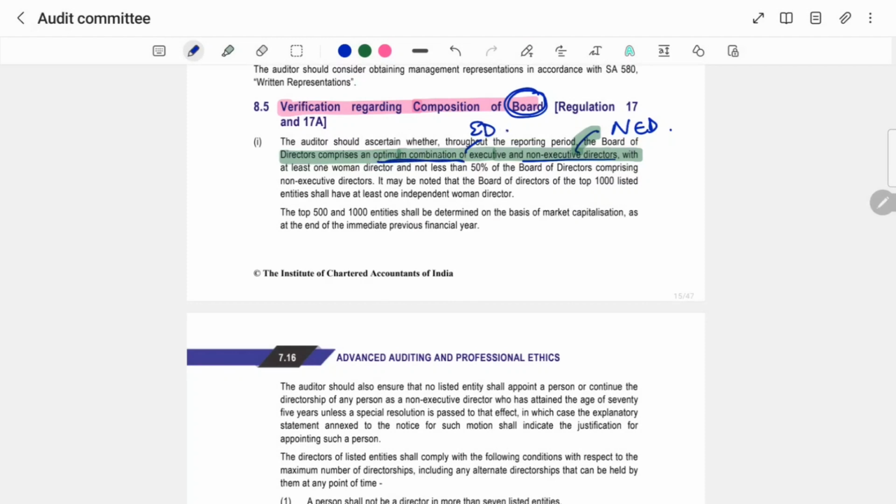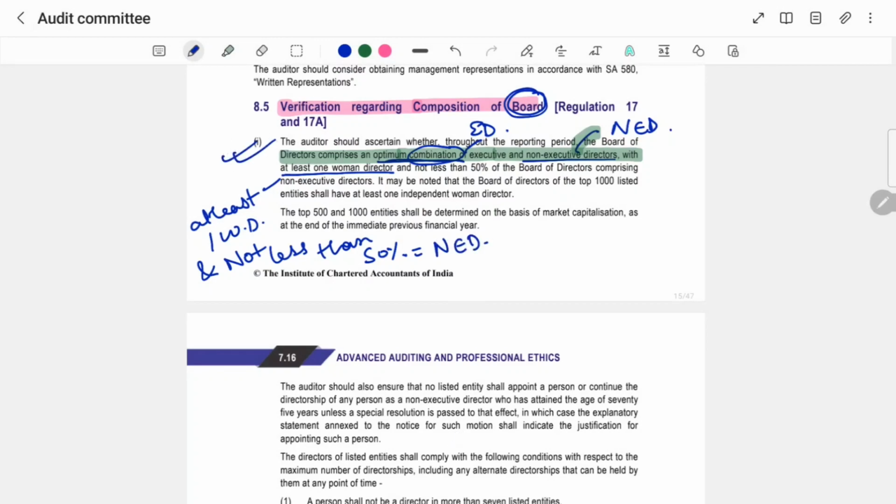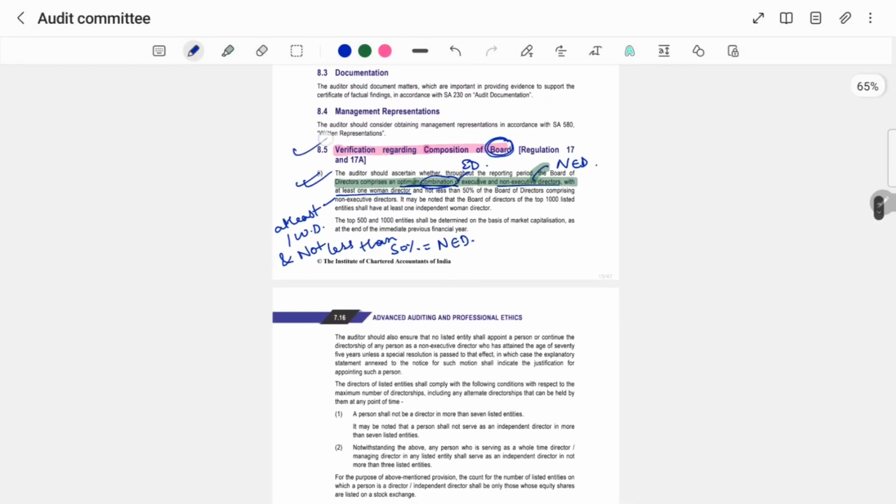So there should be a combination of both, where at least one woman director and not less than 50% NED. So this way you have to remember the limits. This is again important from an MCQ perspective also.